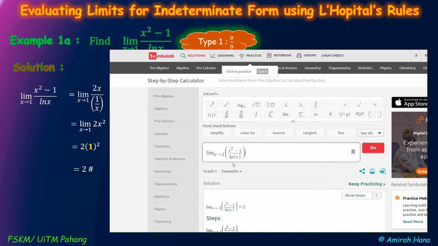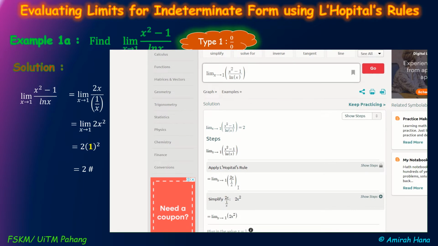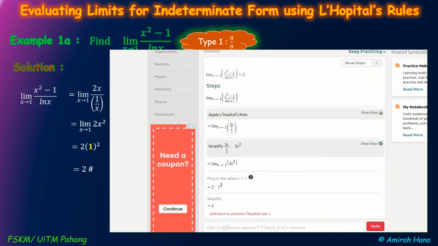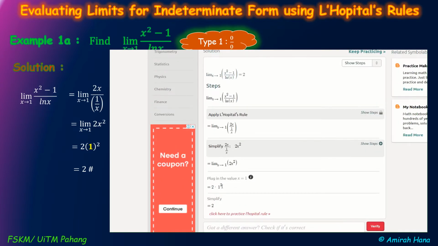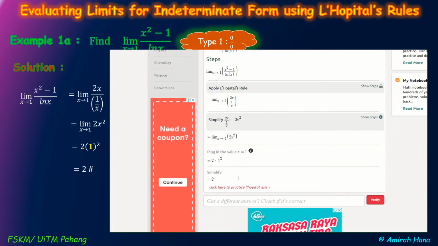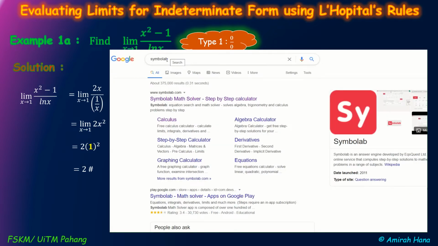The final answer is 2. Symbolab can also show the steps. Here are the steps, showing how to get the final answer 2. Okay, got it?